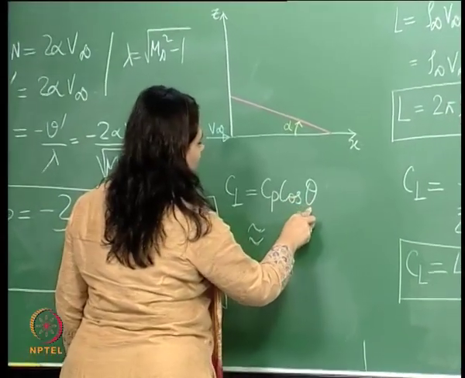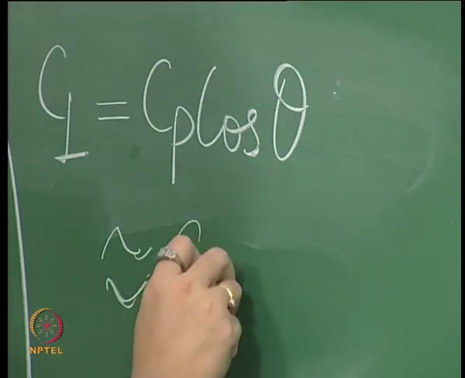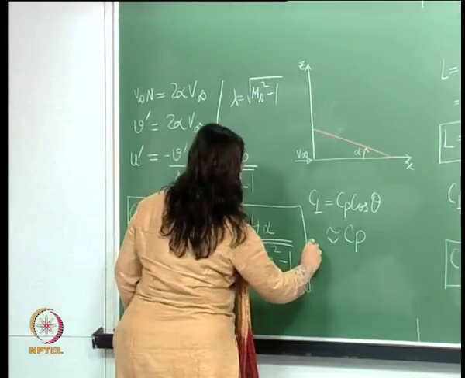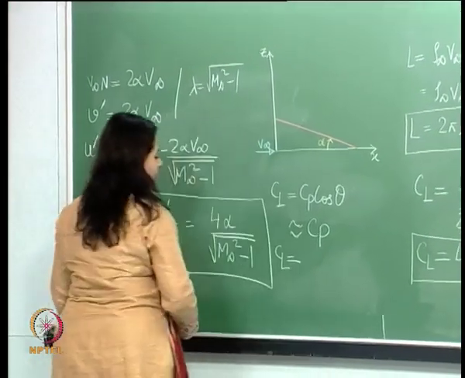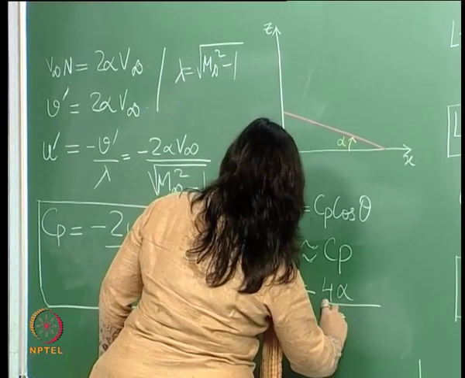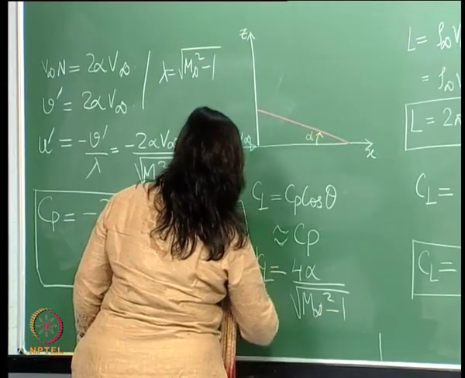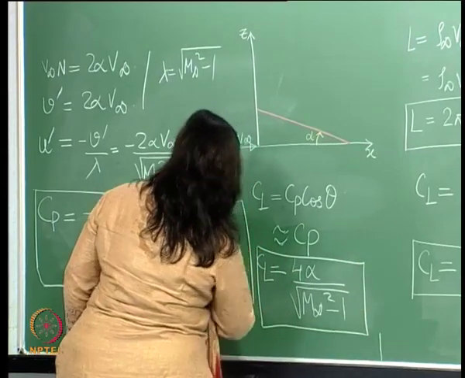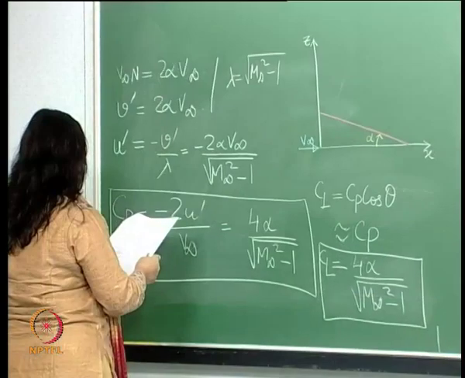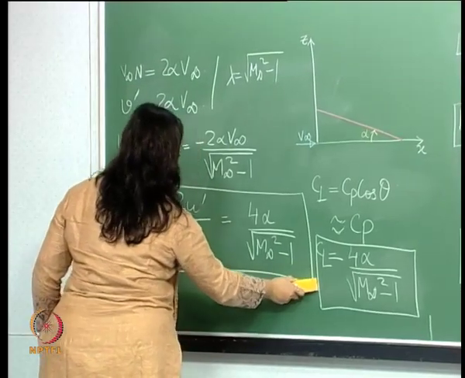So, theta tends to pi, it is 1, right. So, this becomes essentially Cp. Therefore our Cl for the supersonic case is 4 alpha by this.